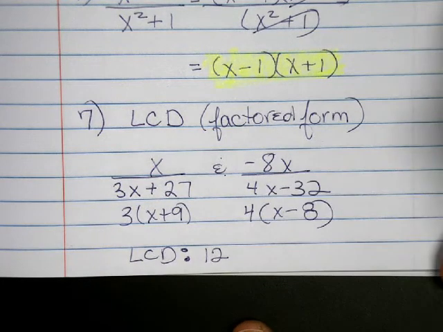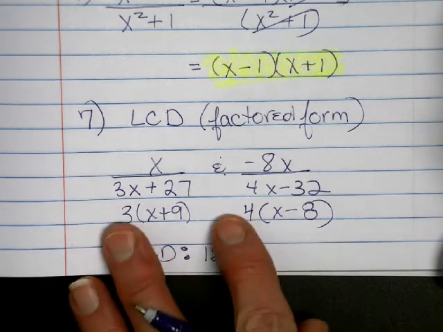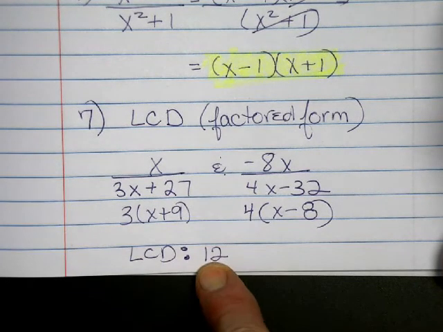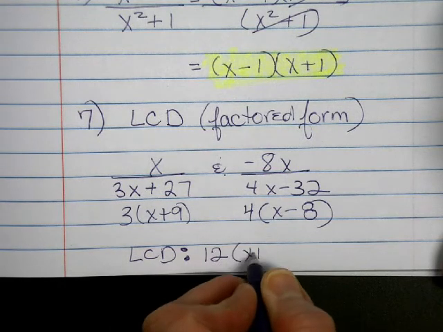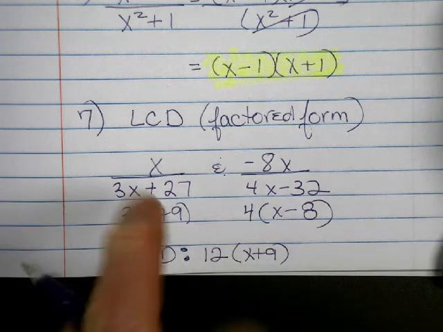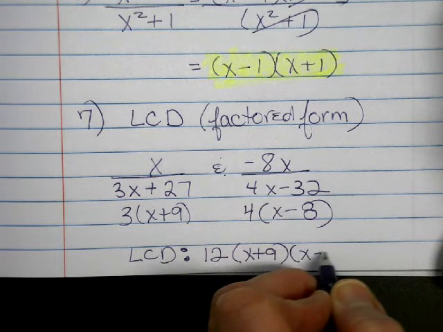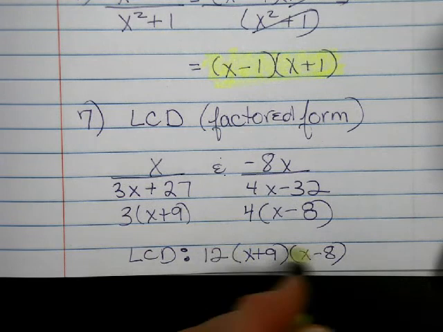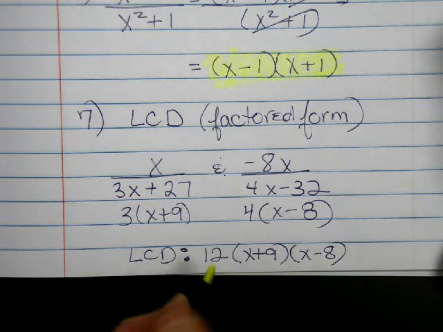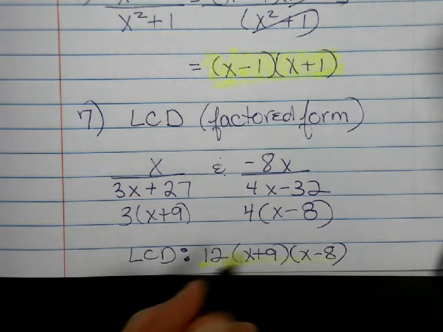Now, if they had common factors, let's say that was 6 and 4, that would still be 12 because 6 goes into 12 and 4 goes into 12. So got to watch out. Don't just multiply and make sure it's the least common multiple of the 3 and the 4. Then I need an x plus 9 because that's what's in that denominator, and I need x minus 8 because that's what's in that denominator.